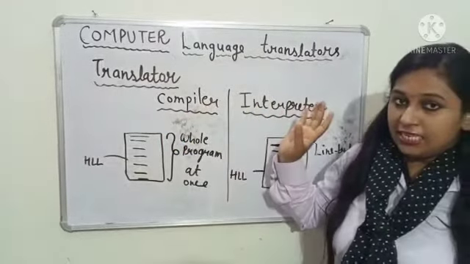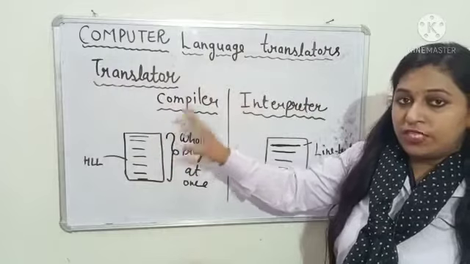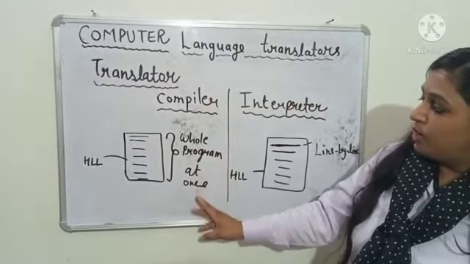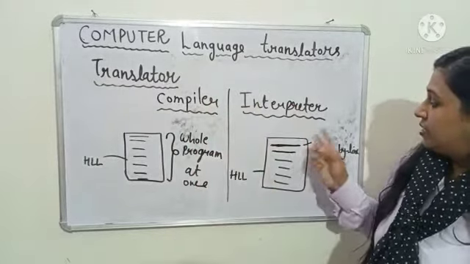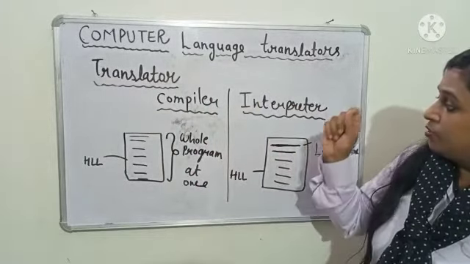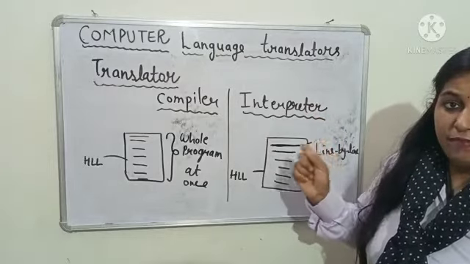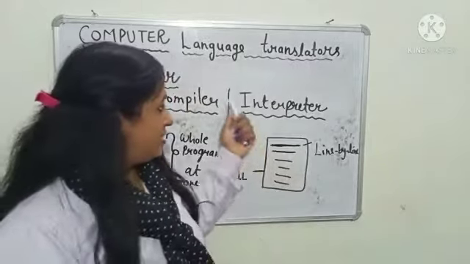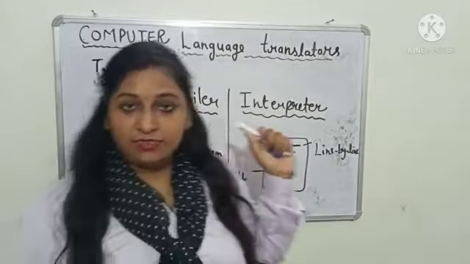Both are translators, both convert high level language to machine code, but with a little difference: the compiler reads the whole program at once, and the interpreter scans the program line by line. So this is a little difference between interpreter and compiler.